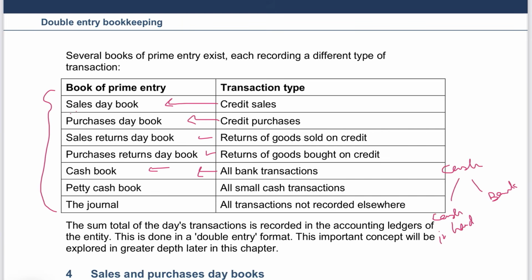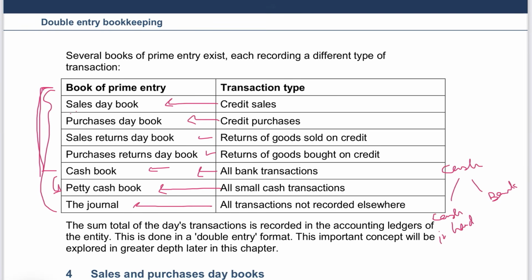What is the petty cash book? They are the small cash transactions which are going to be recorded into this petty cash book. There's a petty cashier in every business who records all those small transactions like stationery and miscellaneous expenses, the expenses which are not recorded in all these books. Now the journal: all transactions not recorded elsewhere.